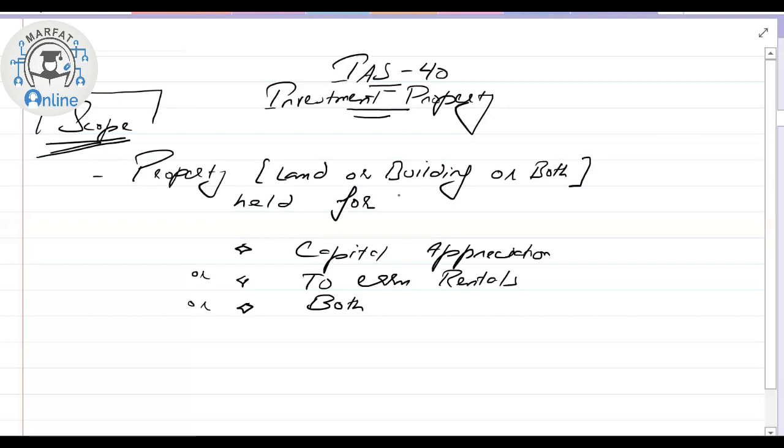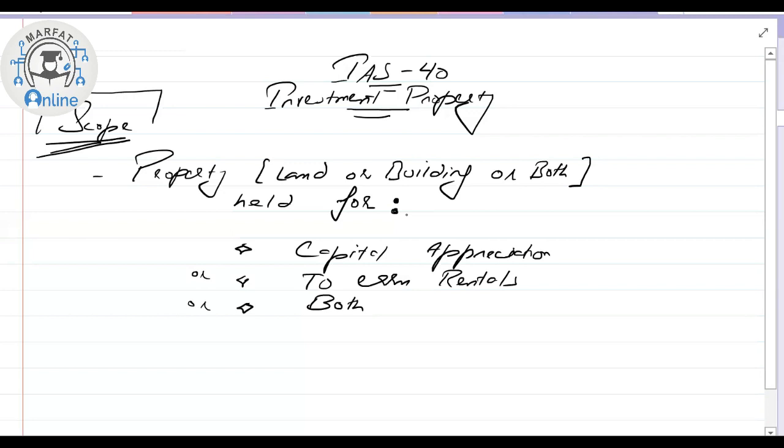Now, capital appreciation means that we want an increase in the value of that. Like, for example, if the company has bought a piece of land and the intentions are that currently the market value is this, after 1 year it will increase in value, and then we will think whether to sell it or something like that. So currently they want an increase in the value of the land.